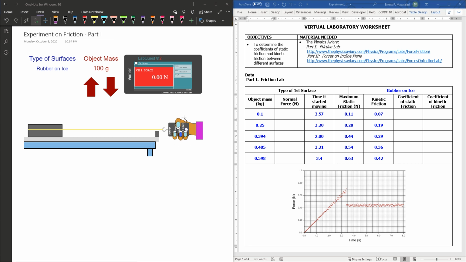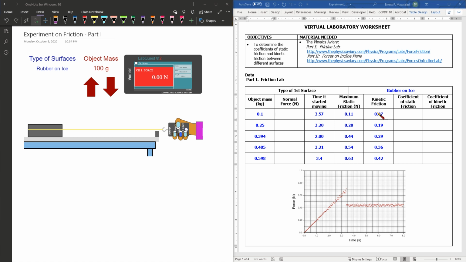For example, if you are going to use an actual apparatus. But what's important here is that even if you do this experiment over and over again using the same mass, while the time before it starts to move would differ, you will notice that the maximum static friction and the kinetic friction would remain the same.